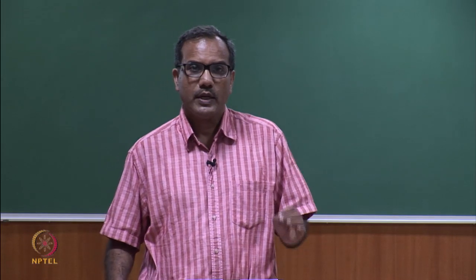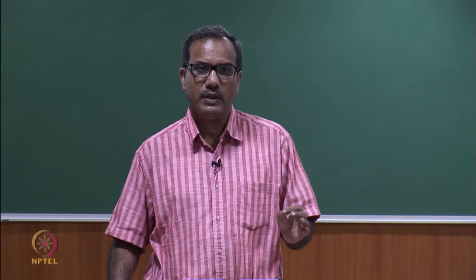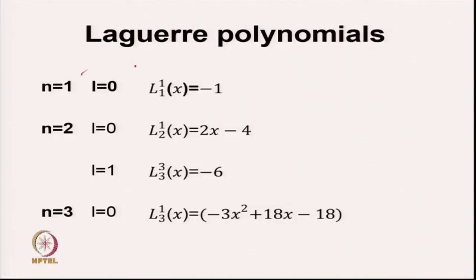So, Laguerre polynomial for n is equal to 1, L is equal to 0 will be given by this. Remember 2L plus 1 is equal to 1 and n plus L is equal to 1.